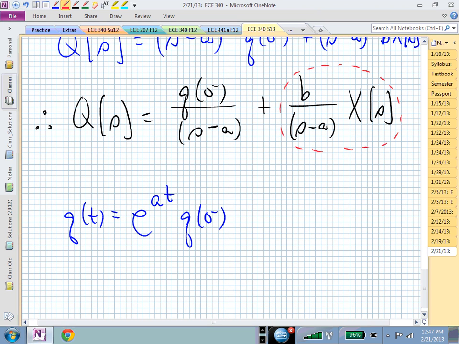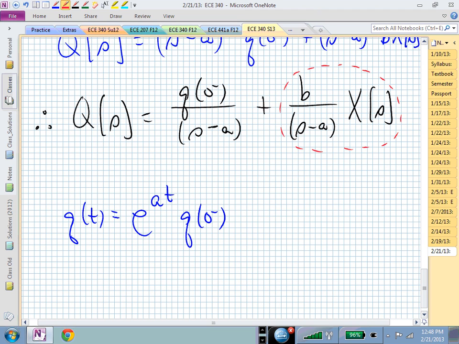That's a convolution, isn't it, between the resulting waveforms. But we already know what this looks like in the time domain. You just told me that that has this e to the at behavior. That's now the time domain waveform, and this one's time domain is just some generic x of t. We now need to convolve this e to the at with x of t. And we know what the convolution integral is.